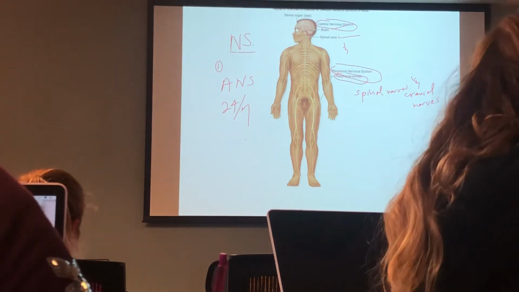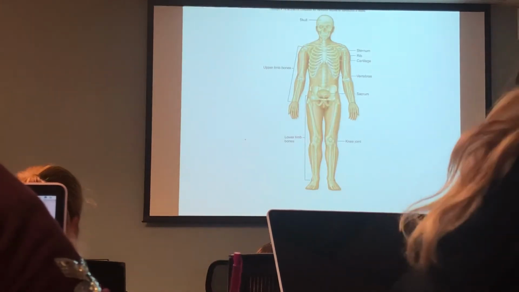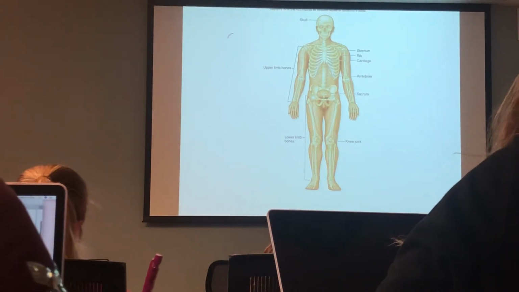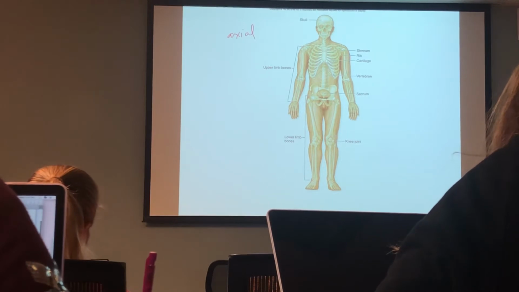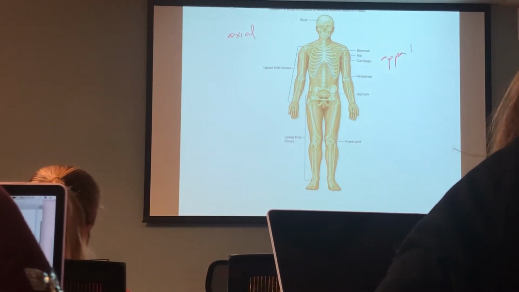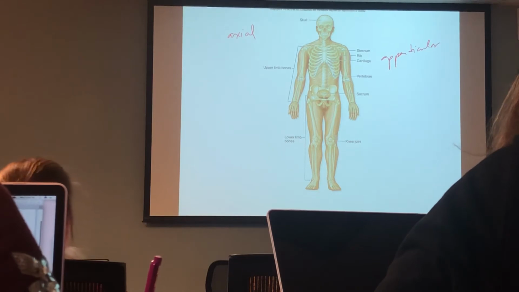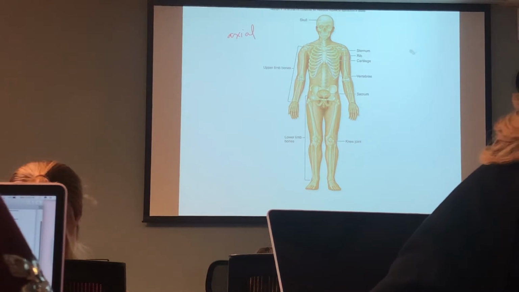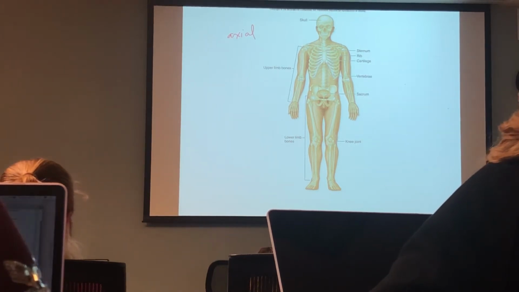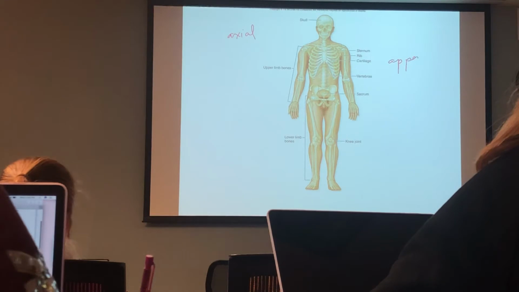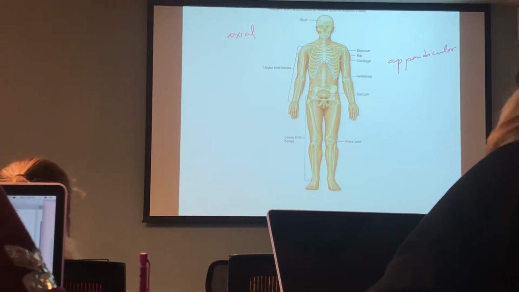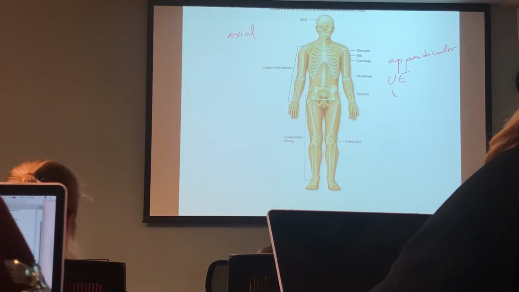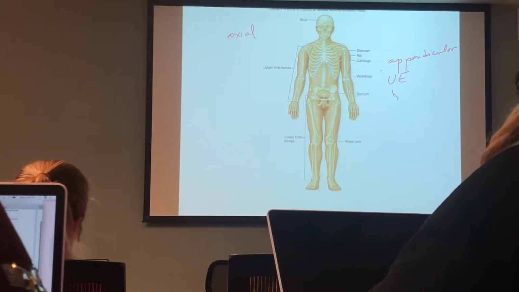You have central and peripheral. What's this? Skeletal. If you break this down, you have your axial part of the skeleton, and the other part is the appendicular.